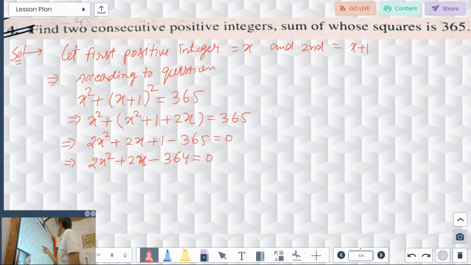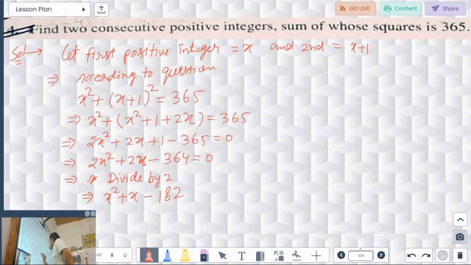Now we can divide by 2 to simplify: x square plus x minus 182 equal to 0.